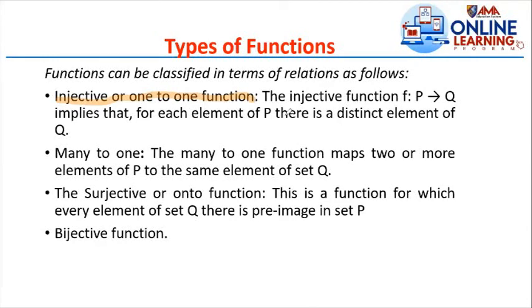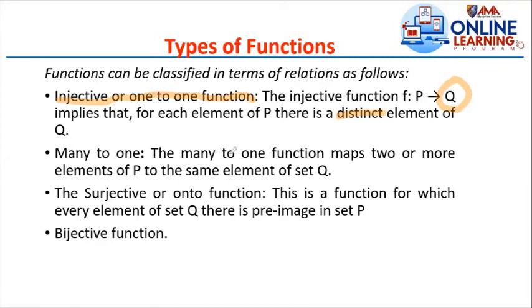Okay. So the injective function F, that is P implies Q. This means that for each element of P, there is a distinct element of Q. So if we say distinct, that is unique. Okay, kakaiba dapat yung mga values na nandito kay Q. Okay, and then many to one.